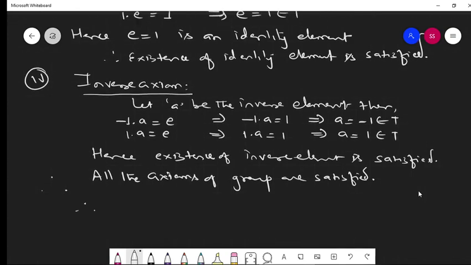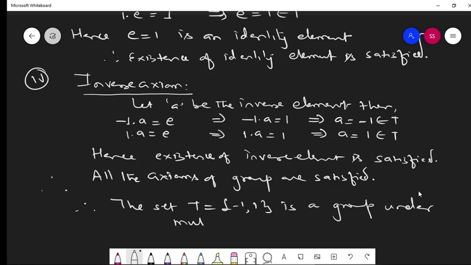Therefore the set T equals {-1, 1} is a group under the multiplication operation.